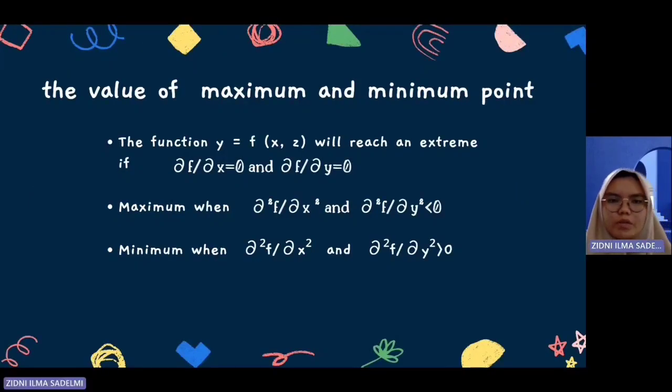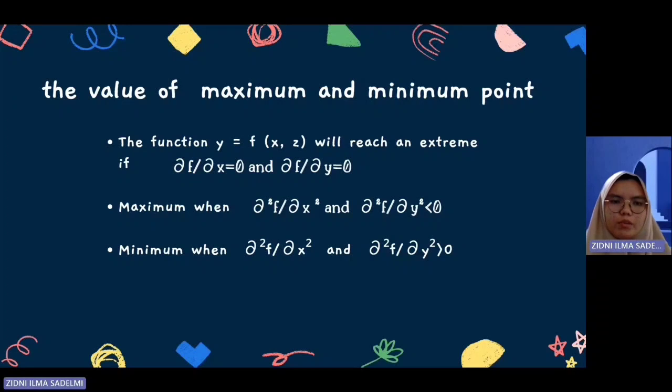And for the value of maximum and minimum points, the function y equals f(x, z) will reach an extreme point if ∂f/∂x equals 0 and ∂f/∂y equals 0.